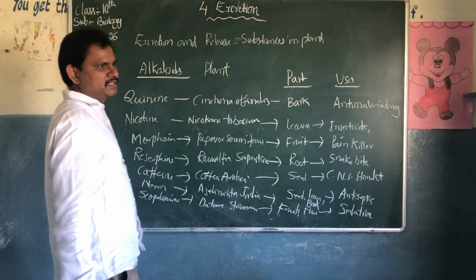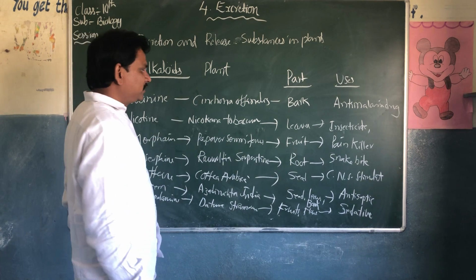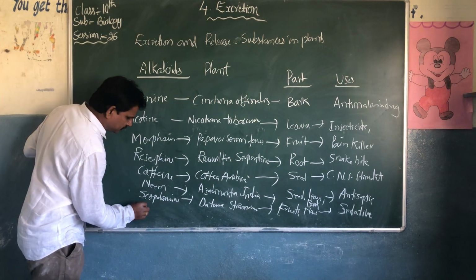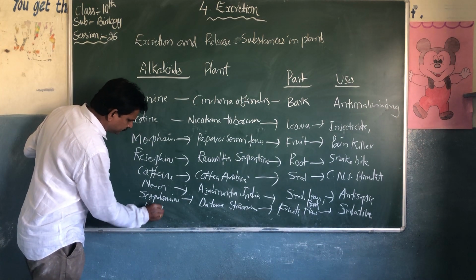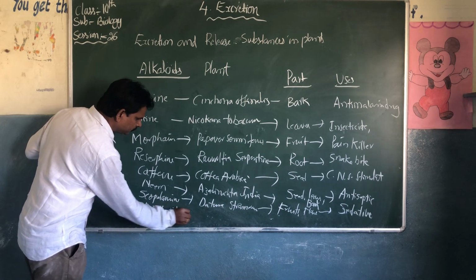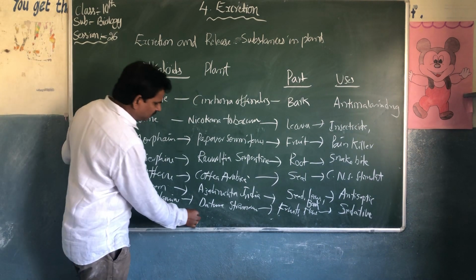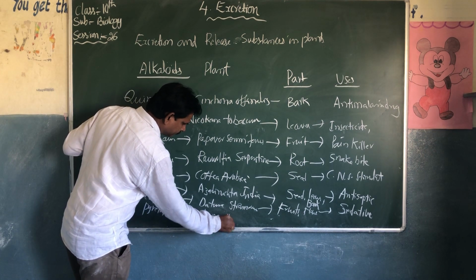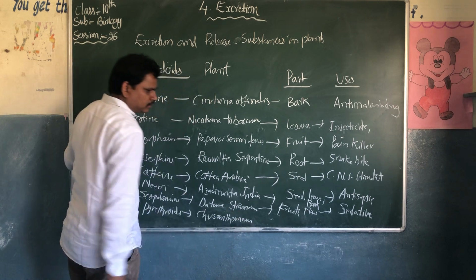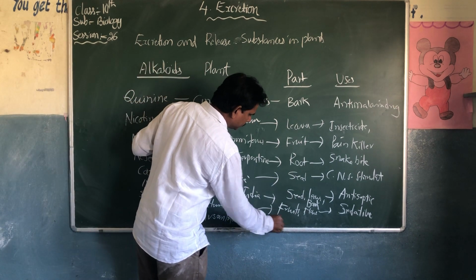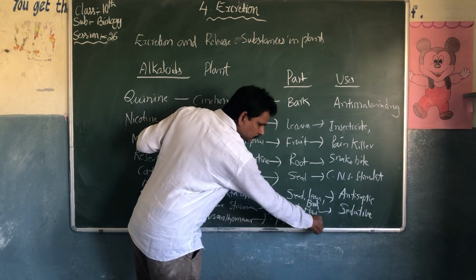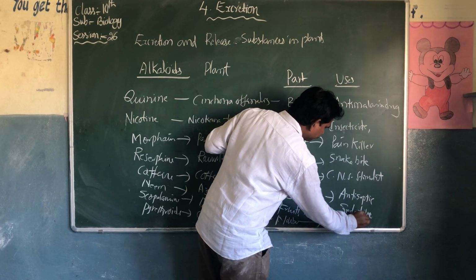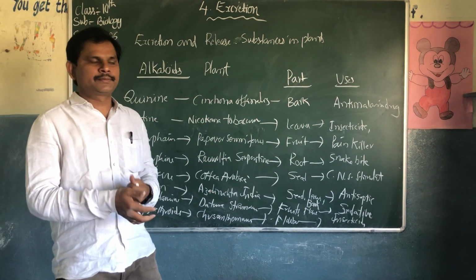When they are doing cesarean operations, they insert the sedative. The last one is pyrethroids, from Chrysanthemum. The flowers are used as insecticide. So these are the alkaloids.